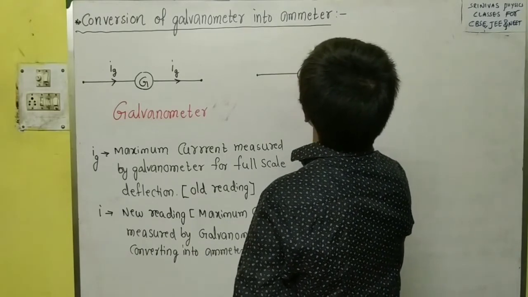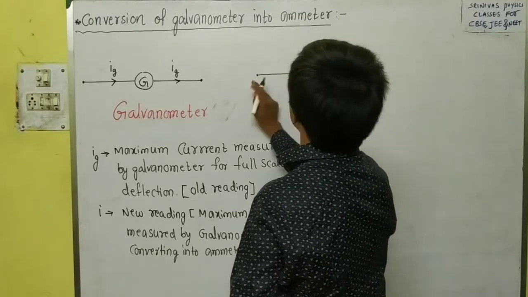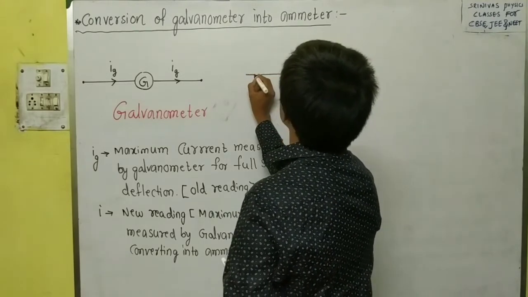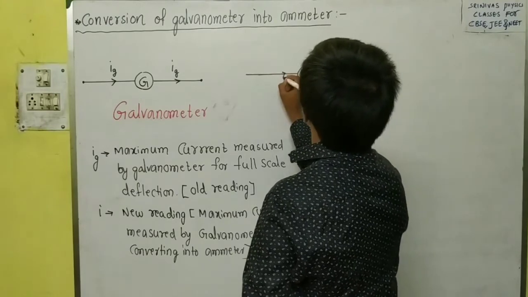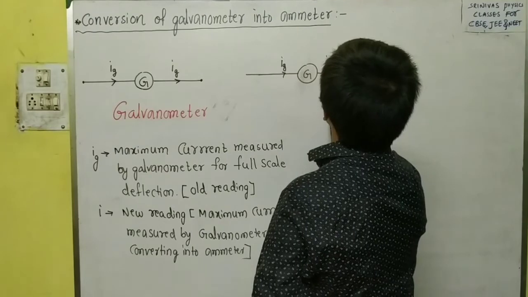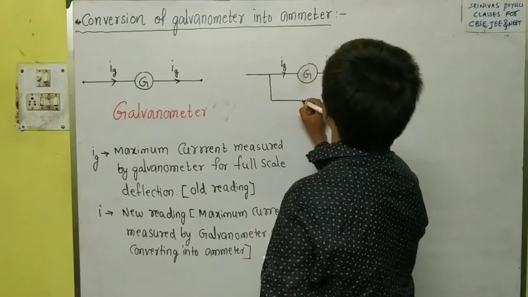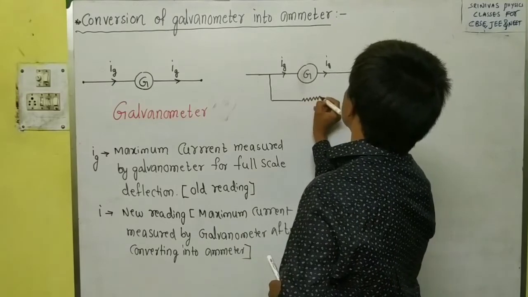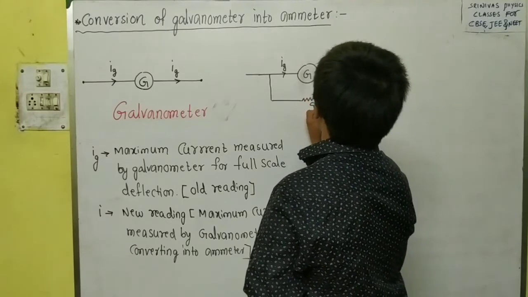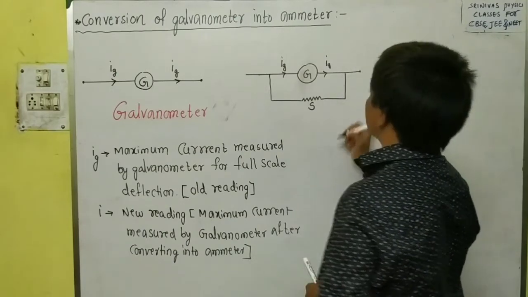This is the galvanometer. It can measure the maximum current Ig only. I am connecting a small resistance, that is S, in parallel to the galvanometer.